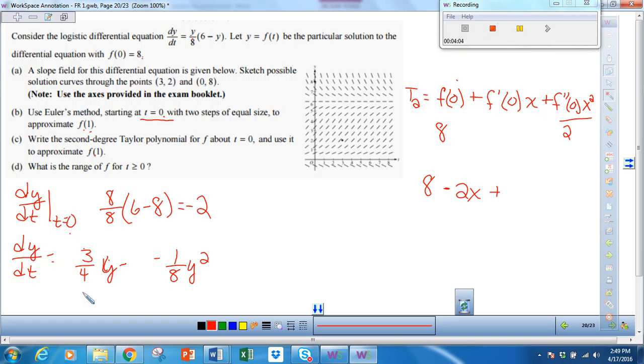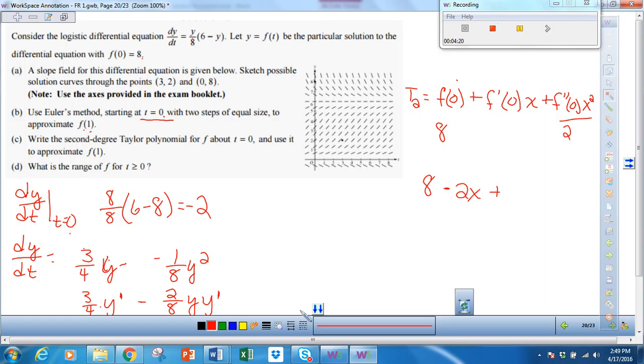Taking the derivative of this is 3/4, but I have to use implicit differentiation. So this is going to be 3/4 y prime minus 2/8 y y prime.